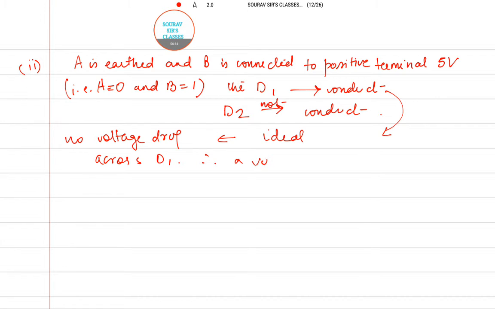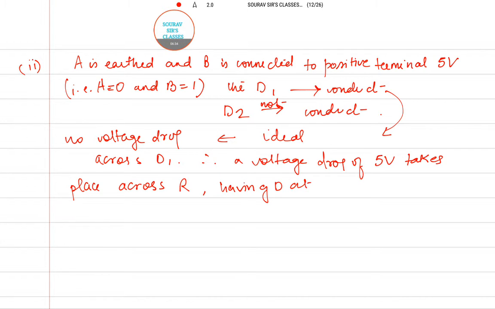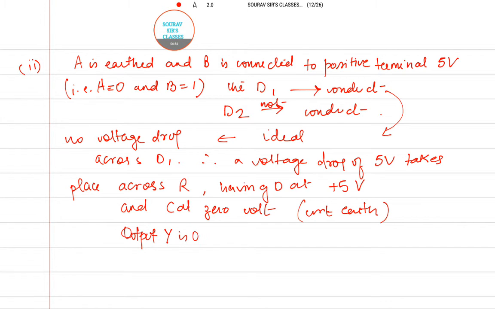Therefore, a voltage drop of 5V takes place across R, having D at plus 5 volt and C at 0 volt. And this is all with respect to earth. So now the output Y will be 0 in level.